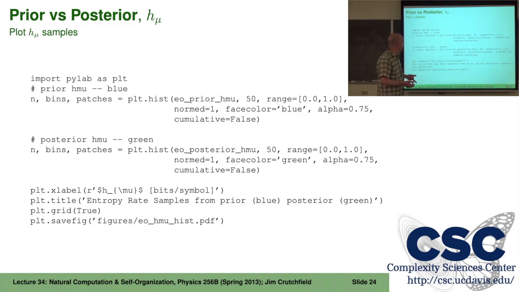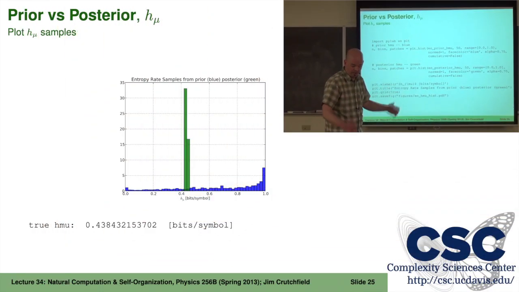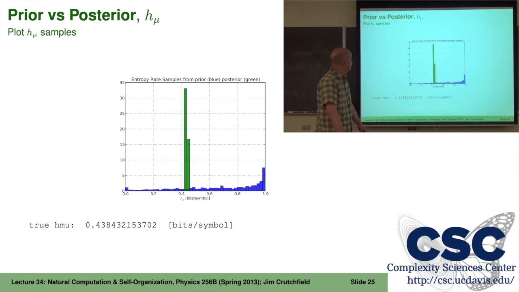In the worksheet on Sage, I've also done the finding the mean from the samples and the credible intervals, just the way that we were doing before. I don't have them in the slides here, but they're on the worksheet, so you can look at that, which will give you a mean of entropy rate and a mean of CMU and kind of error bars or credible intervals.